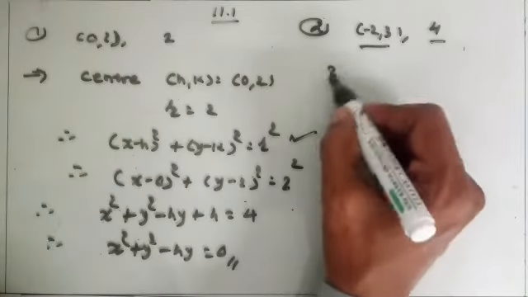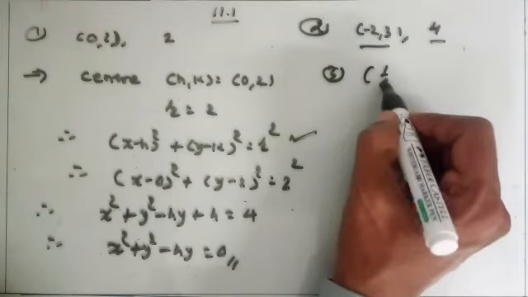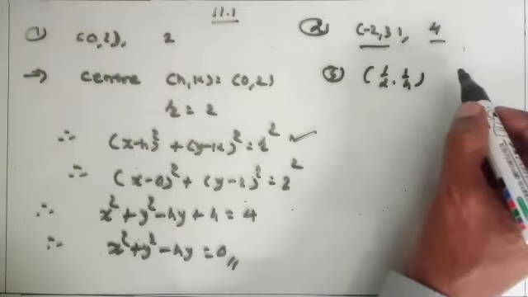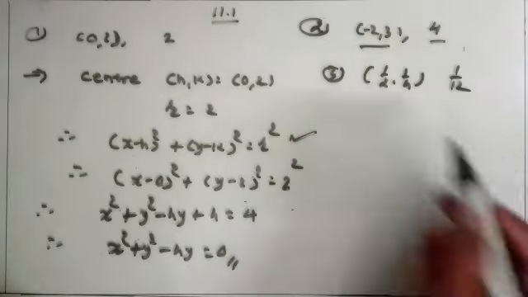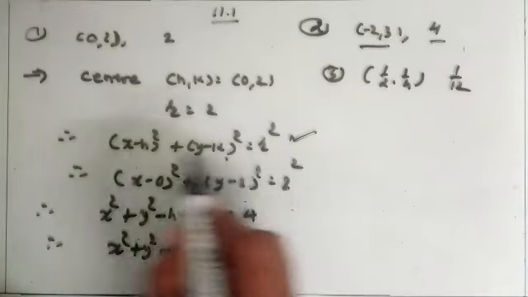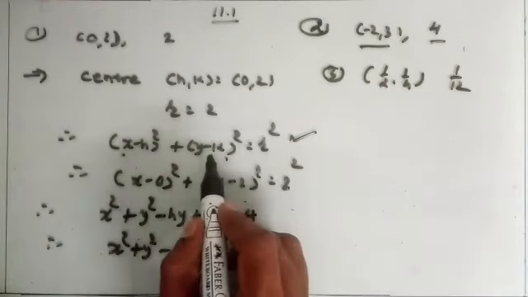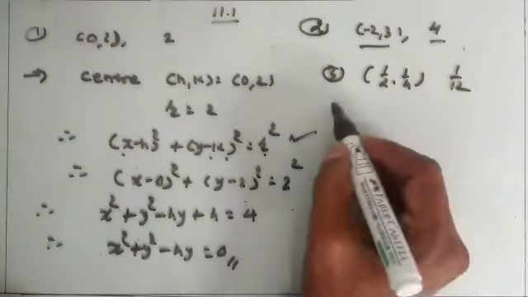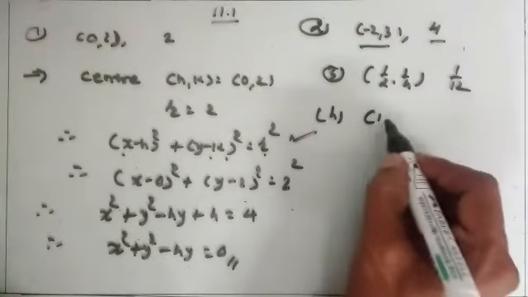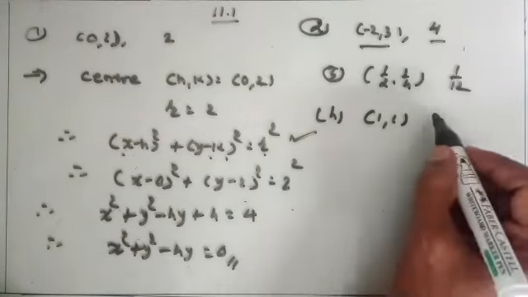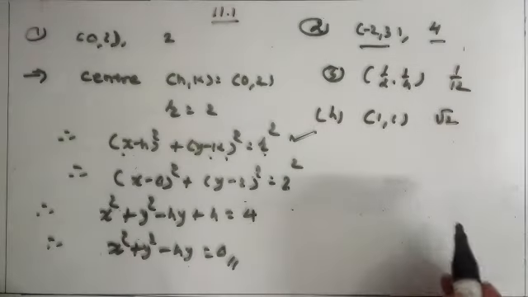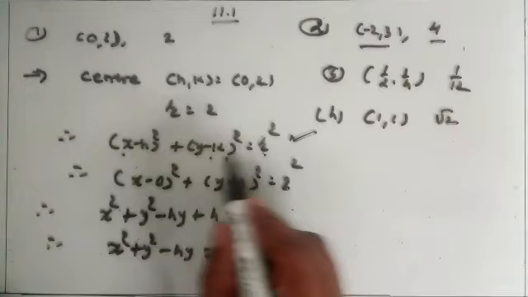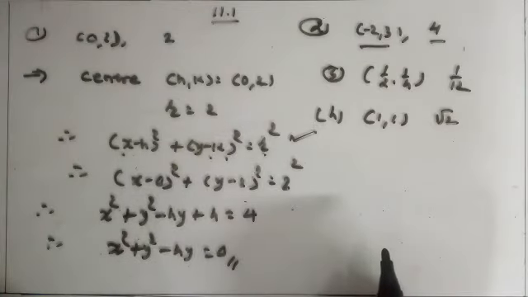For the third, the center is given as (1 by 2, 1 by 4) and the radius is given as 1 by 12. Using this equation, (x minus h) whole square plus (y minus k) whole square equal to r square, get the equation of the circle. Same for 4, the center is given (1, 1) and the radius is root 2. Applying the same method, find this equation of the circle.